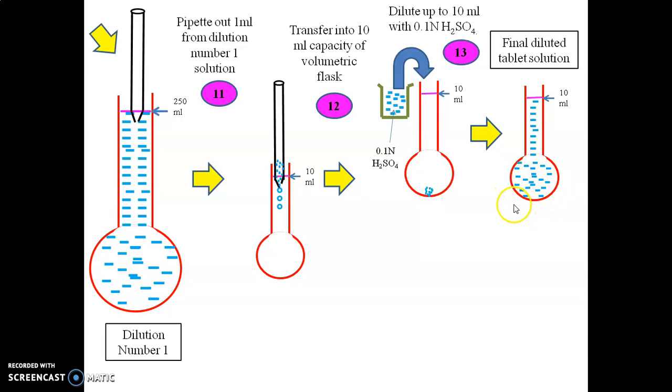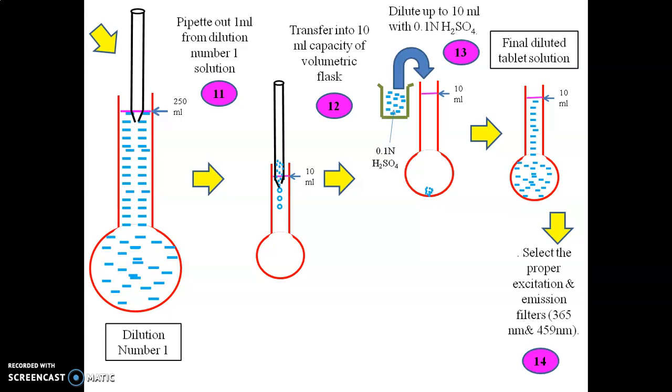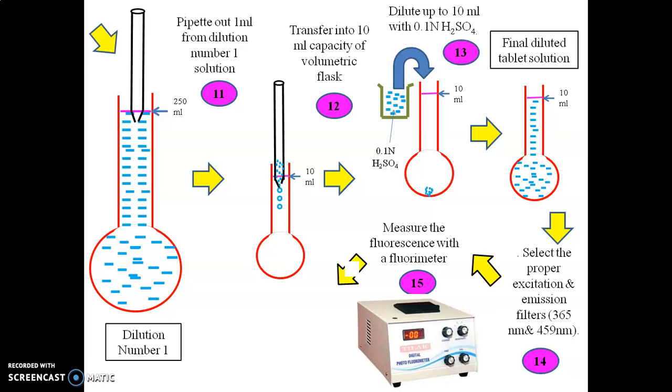Label that volumetric flask as final tablet solution. Then select the proper excitation and emission filters and measure the fluorescence with the help of the fluorometer instrument. After that, calculate the concentration of quinine sulphate from the calibration curve.